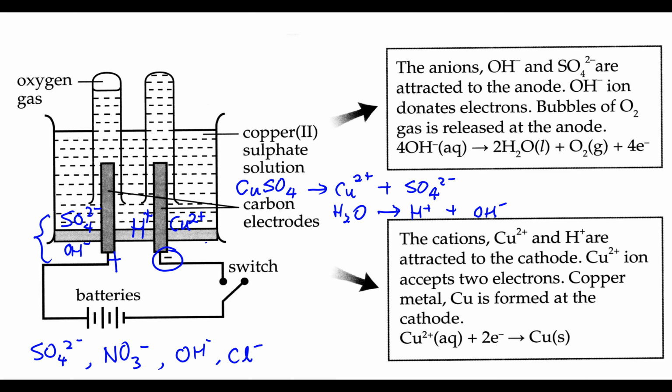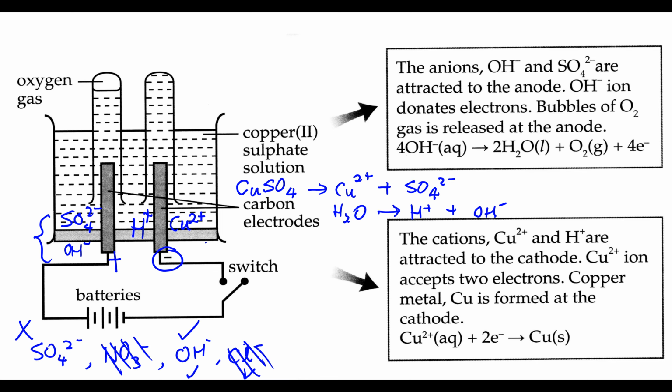In a concentrated solution, the chloride ion will be discharged. In a dilute solution of a chloride solution, the hydroxide ion will be discharged. But in any case, in our example here, there are no chloride ions, there are no nitrate ions, and since sulfate is never discharged, obviously hydroxide ions will be discharged.